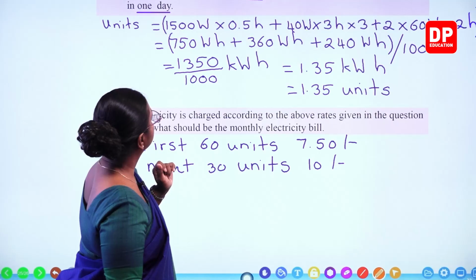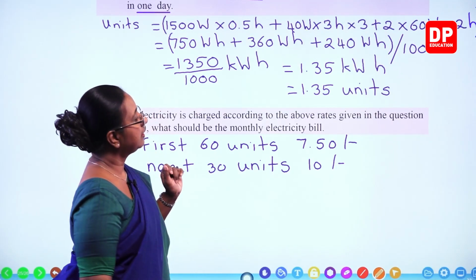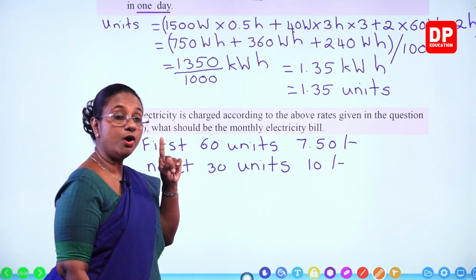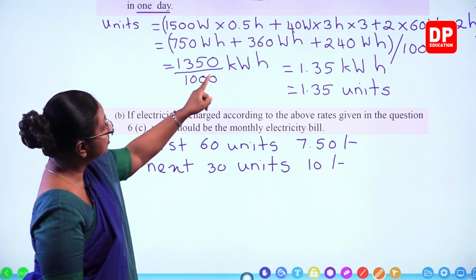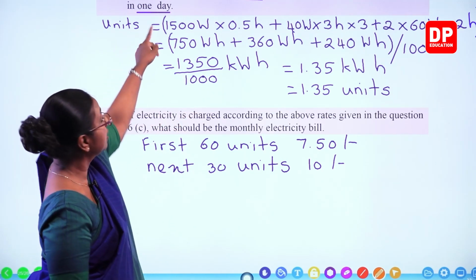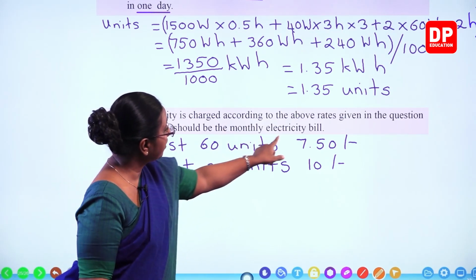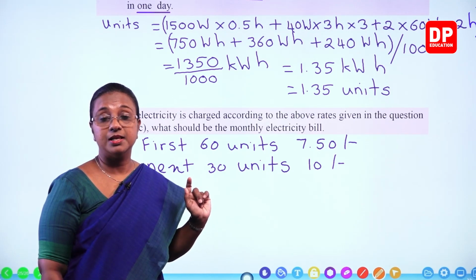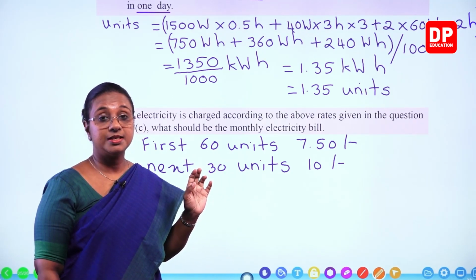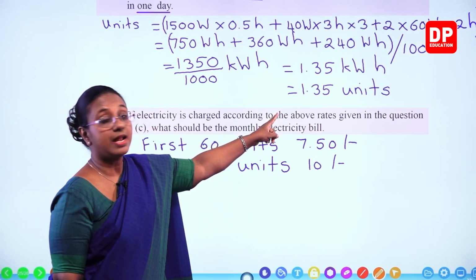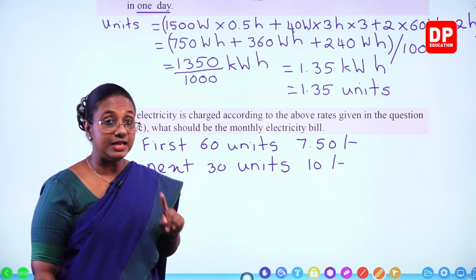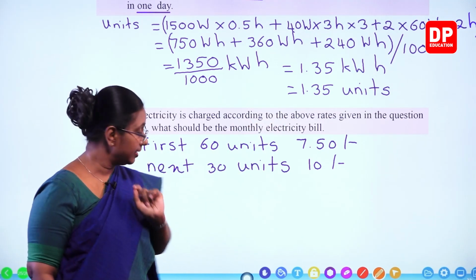We have 1.35 units. That is for 1 day. You have to remember students, there we have calculated only for 1 day. But here it is for the monthly electricity bill. So what do you need to do first? You need to multiply the number of units by 30 days because 30 days is 1 month.